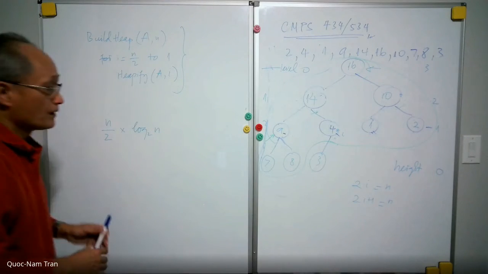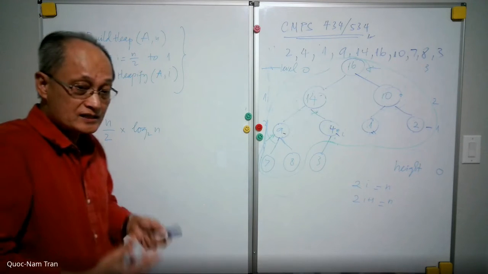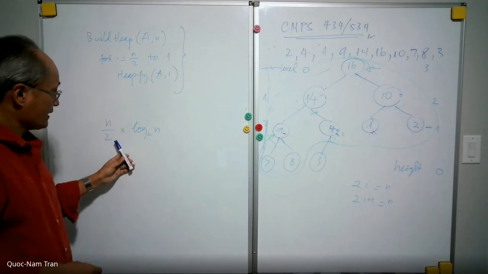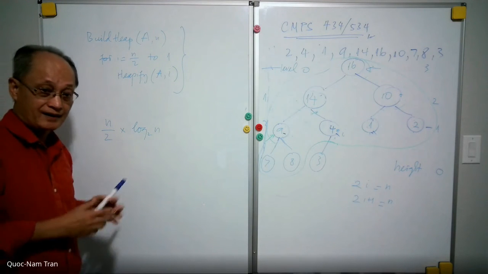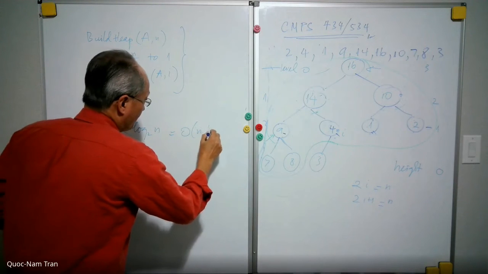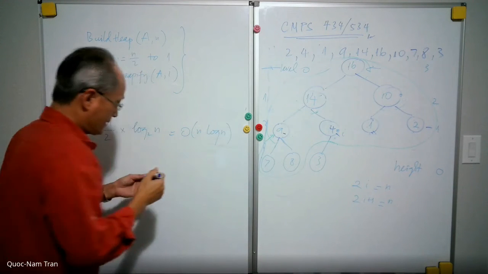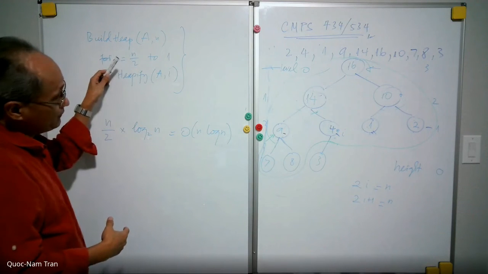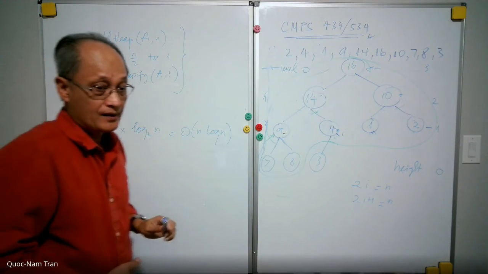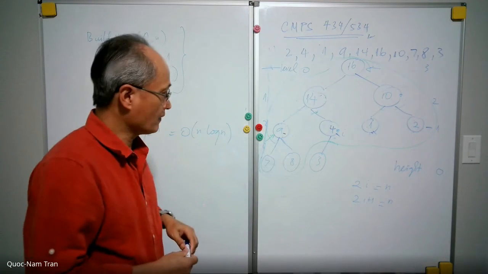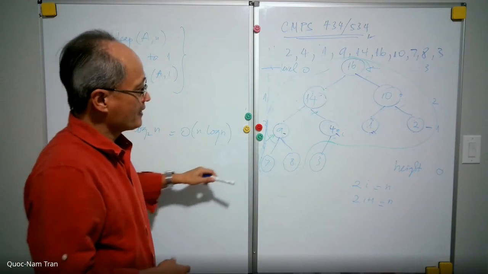Okay, so a rough estimation of the cost for building the heap here, again, is n log n. Okay? But the analysis of this algorithm is not 100% correct. Why?